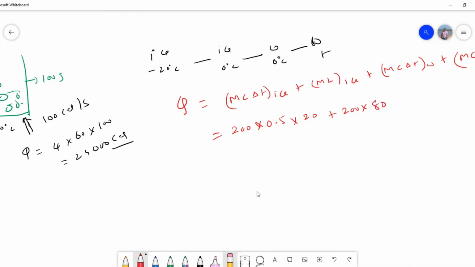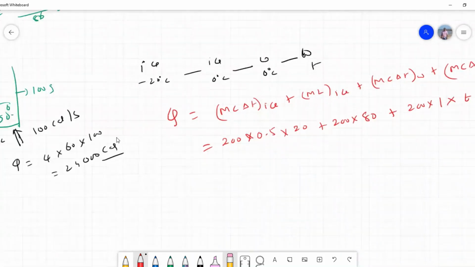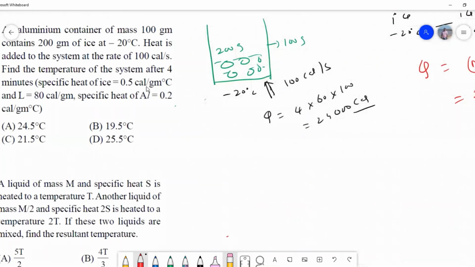Plus again 200, specific heat of water is 1, and change of temperature T minus 0, so it is simply T, plus mass of aluminum, which is given as 100 grams. So this is 100 into the specific heat of aluminum, which is given in the problem as 0.2 calorie per gram.